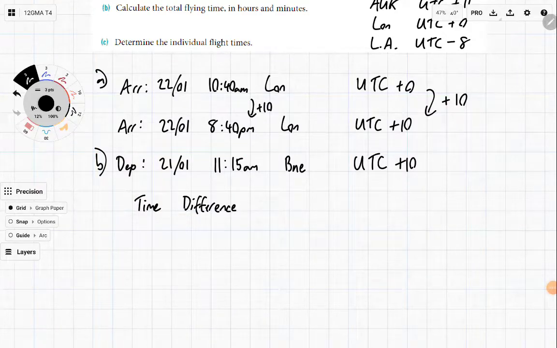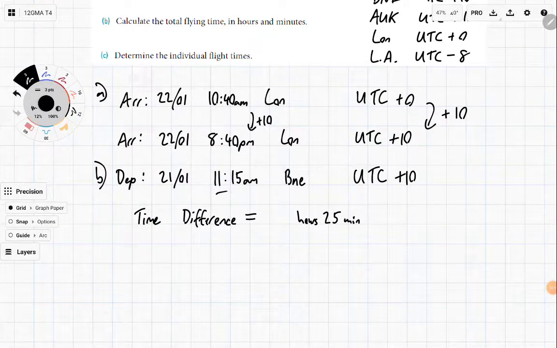So there's a few ways we can work this out. The easiest is, if you're departing at 15 minutes and you're arriving at 40 minutes, well, it's been 25 minutes. The harder question is how many hours has it been? Alrighty, I find the easiest way is to just count. But we can do a few cheats.